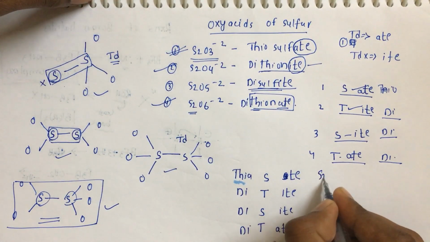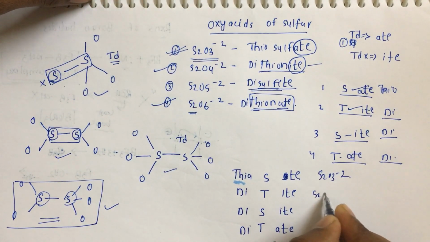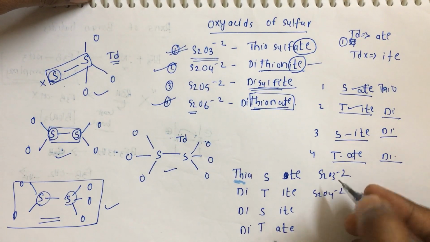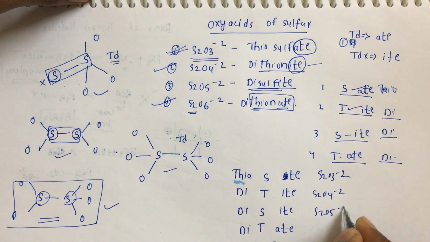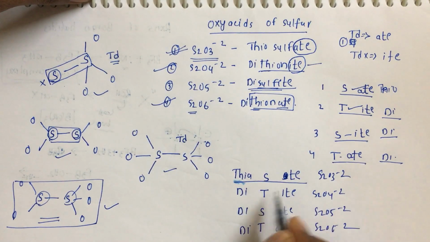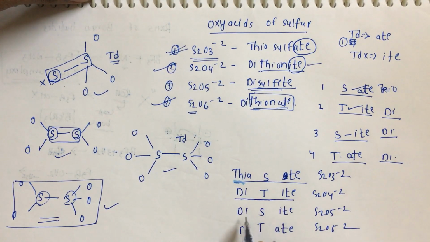And this will be S2O3 2-, S2O4 2-, just increase one oxygen, S2O5 2-, S2O6 2-. This is thiosulfate, dithionite, disulfite, dithionate.